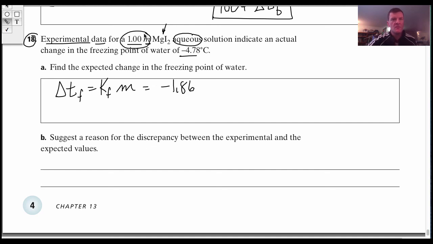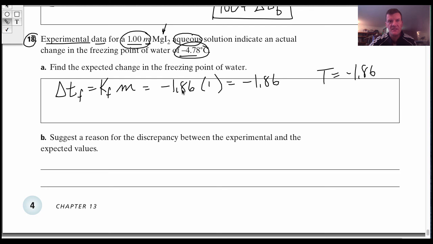And we are given the molal here of just 1. Okay? So we would expect the temperature to go down by 1.86. We would expect it to go from 0 down 1.86. So the new freezing point would be -1.86.